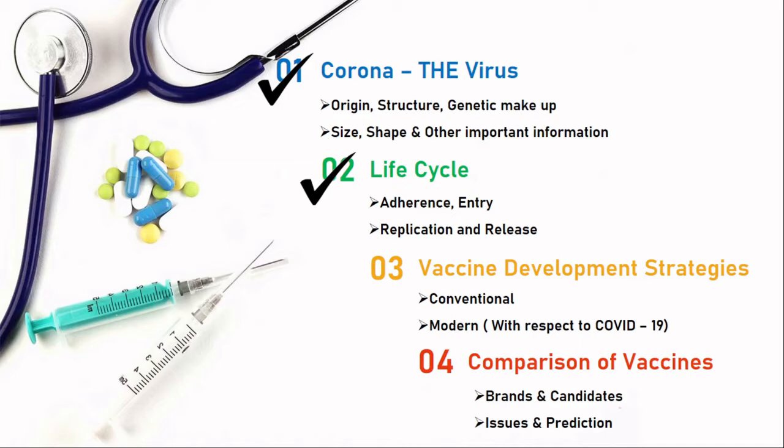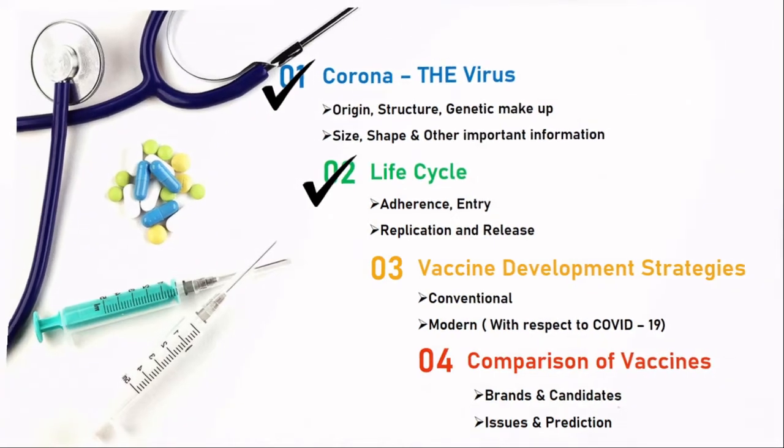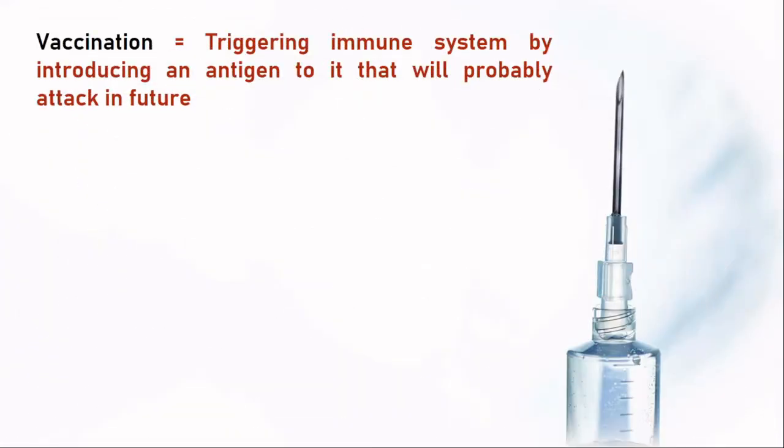Now we go ahead with the vaccine development strategies. So, what is the vaccine? A vaccine, in simple words, is going to trigger our immune system by introducing an antigen, or say a spike protein present on the surface of the virus, SARS-CoV-2 in this case.